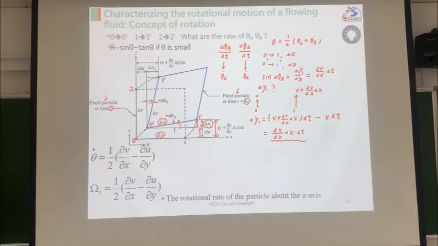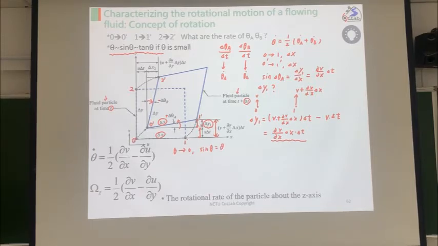As I mentioned, the second assumption here is that theta is small. Why is theta small? Because delta t is small, only a small time difference, so the rotation angle should be small also. If theta is really small, close to 0, then sine theta equals theta.